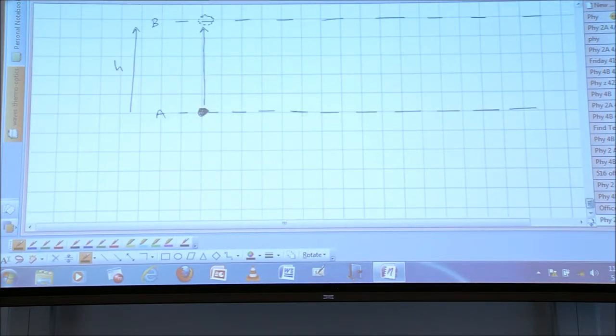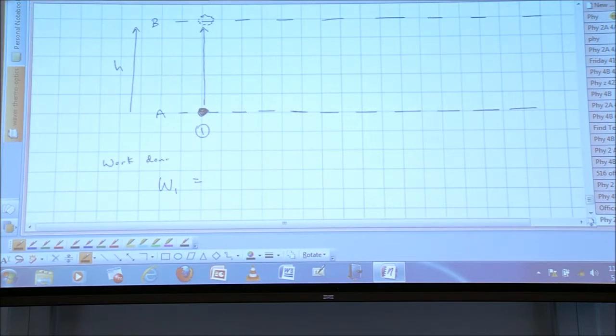And we want to say the work done, we'll call this path 1. The work done on path 1 is going to be by gravity, right?